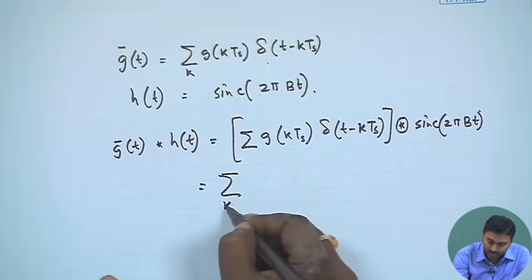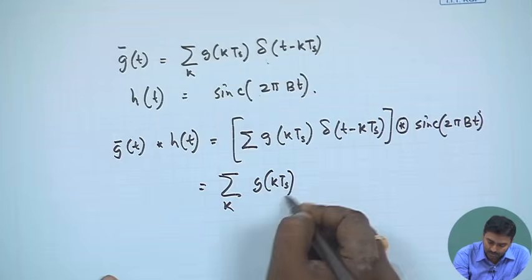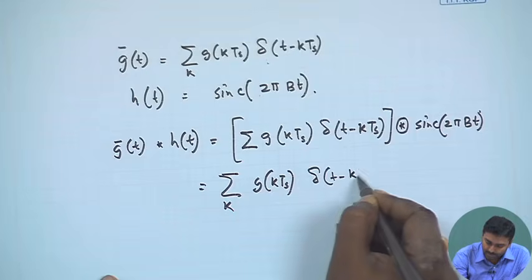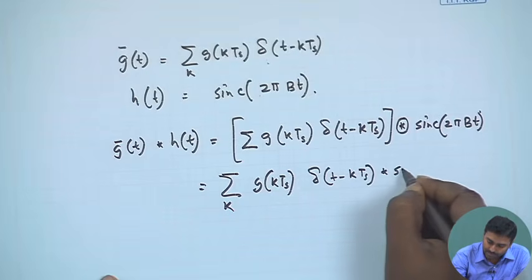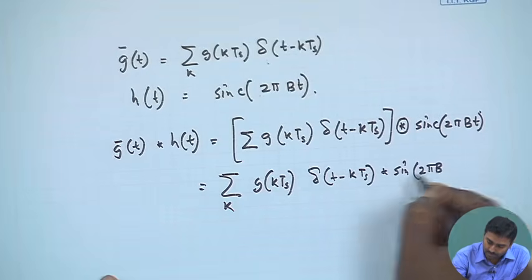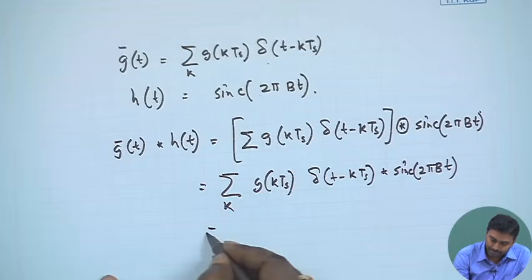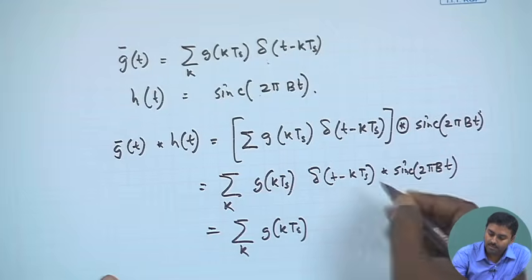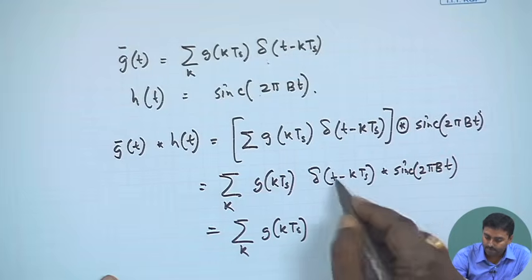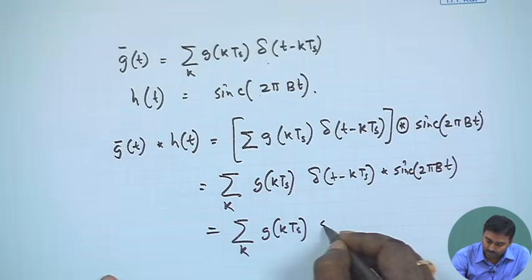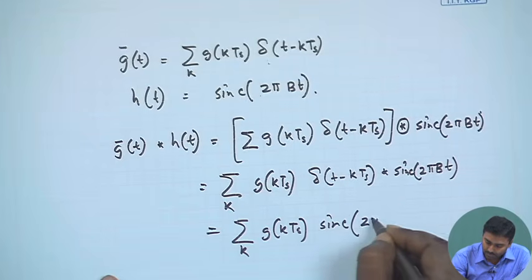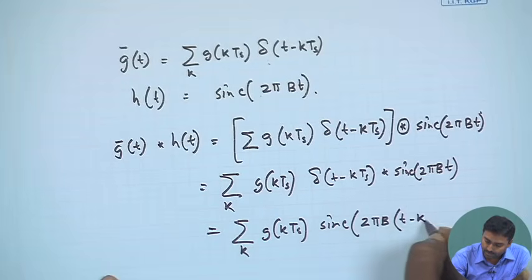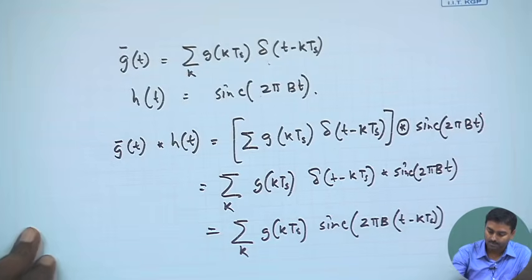So, I can write k, g(kTs). This is just a delta convolved with this. So, delta(t minus kTs) convolved with sinc 2 pi bt. This is just a sinc function, but at that delta location. So, this must be sinc 2 pi b, instead of t it will be t minus kTs, right.